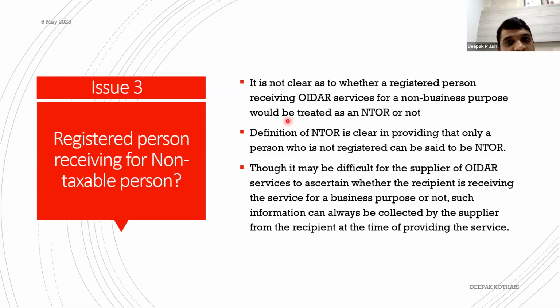So for renting services, they have made this distinction, saying that if you are taking renting services, even as a proprietor for a non-business purpose, there they have specifically distinguished. But other than renting services, they have not made this distinction.